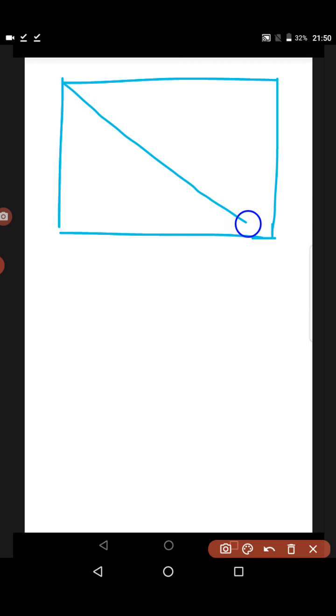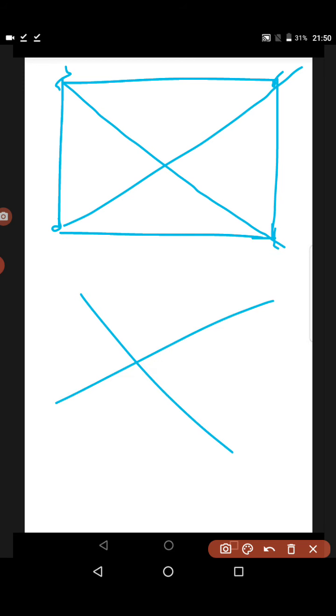Now let's check what the diagonals are. Diagonals are the interior lines. Sometimes they are exterior also, but first we learn how to draw diagonals inside. It should touch two corners and it should be a line segment. Like a cross, it is.